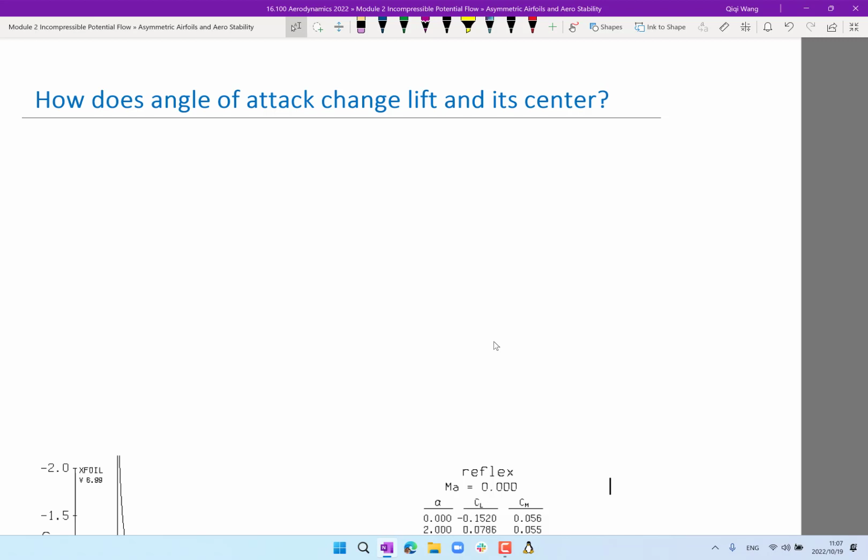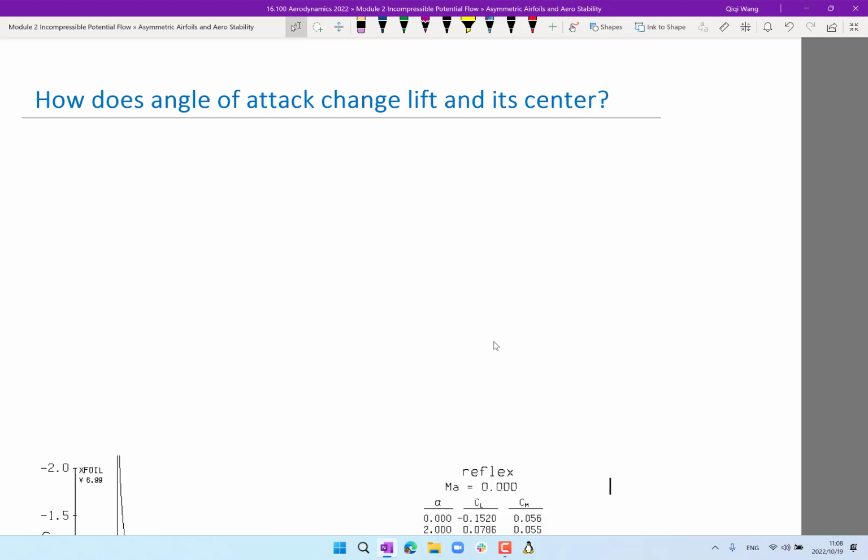So instead of thinking about the moment around the leading edge of the airfoil, as we did on the whiteboards on the walls on Monday, let's shift our attention to the quarter chord and think about how the moments change around the quarter chord. The reason we are thinking about the quarter chord is that the flat plate solution has zero moment around the quarter chord.